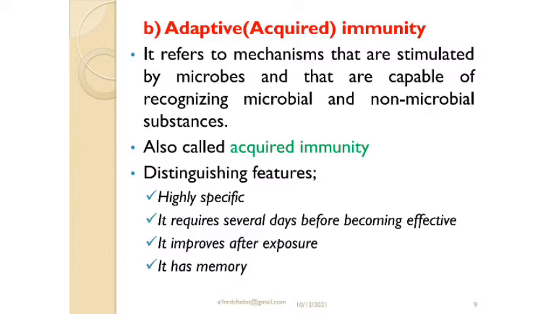The distinguishing features of the adaptive immunity include: number one, it is highly specific. Number two, it requires several days before becoming effective, it improves after exposure, and it also has immunological memory.